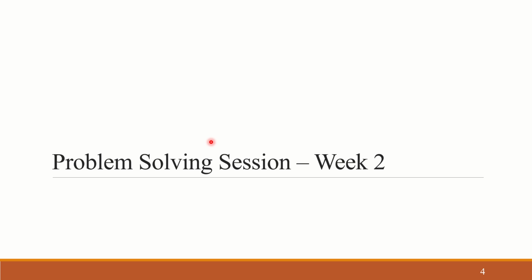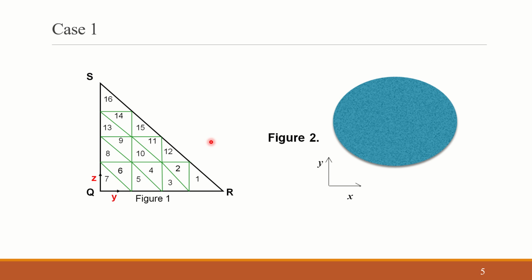For flow through a triangular duct, we use the finite volume approach, and let us see what problems can be asked and what things you need to focus on. First we'll see the practice problems, and later we'll move on to some sample problems. The first problem is actually based on a case.